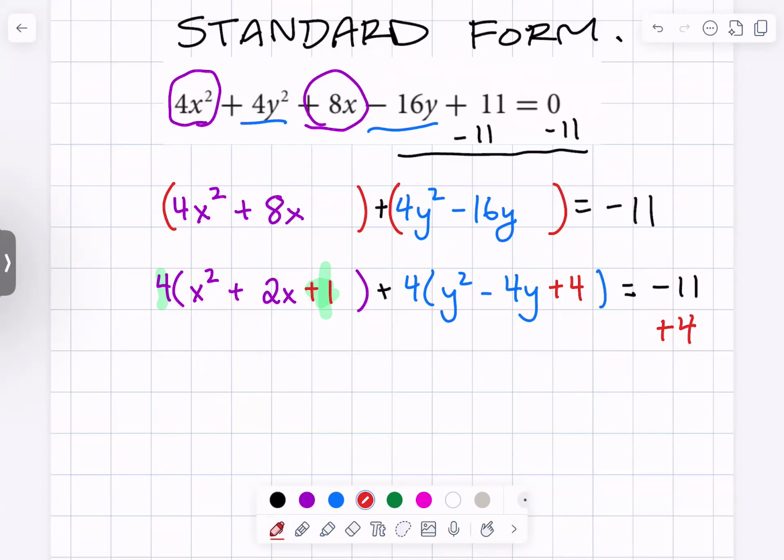Same thing here. If I added a 4 on the inside of my parentheses, I added a value of what? 4 times 4, which is 16. So I'm going to add 16 to this side.